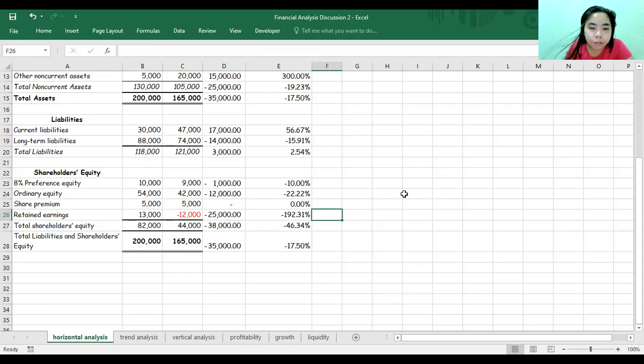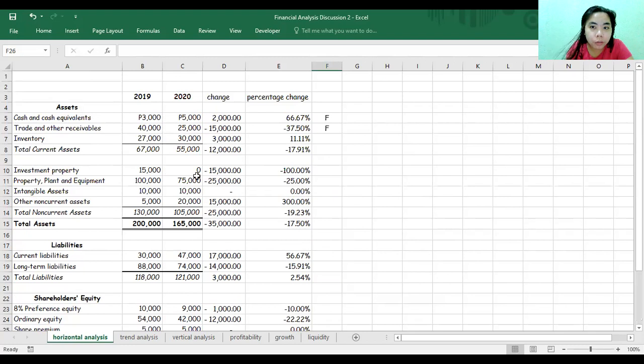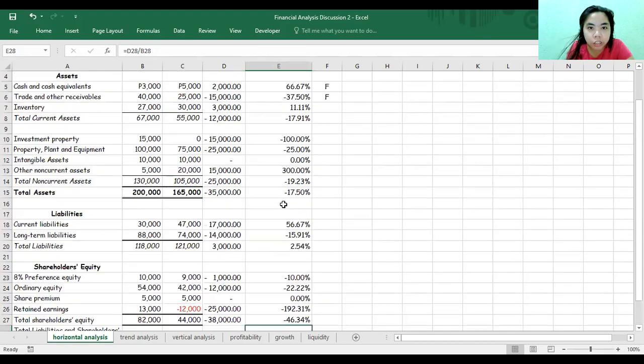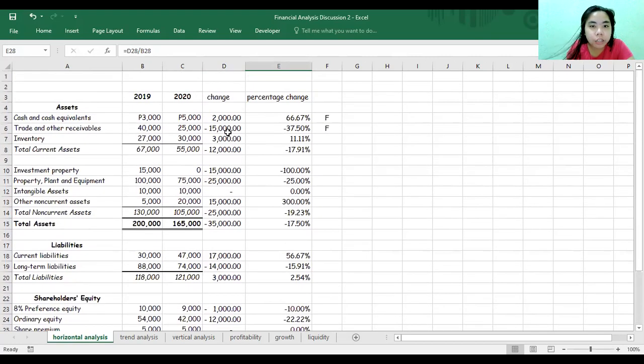There are a lot of reasons why our retained earnings decreased. Most probably the company incurred a lot of loss in 2020, almost 25,000. Then we have here the total shareholders' equity change, and for our total liabilities and shareholders' equity change.